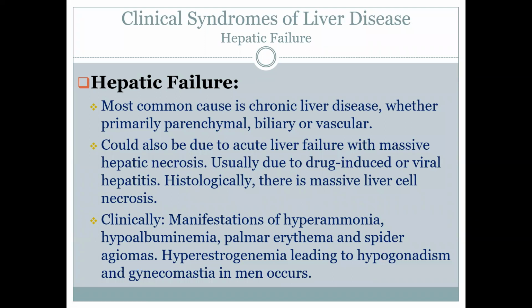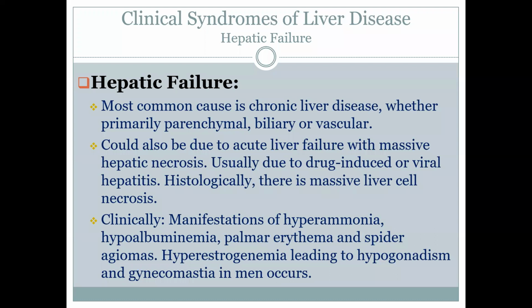All right, so now hepatic failure. If you want to think about it, there are several syndromes of liver disease that will give rise to a presentation. One of them is hepatic failure. In this case, the most common cause is going to be chronic liver disease. Chronic liver disease may be focused on the parenchyma, such as what you see with chronic viral hepatitis.